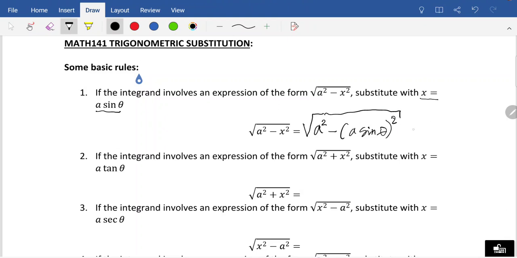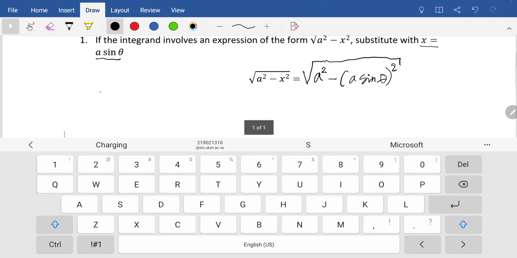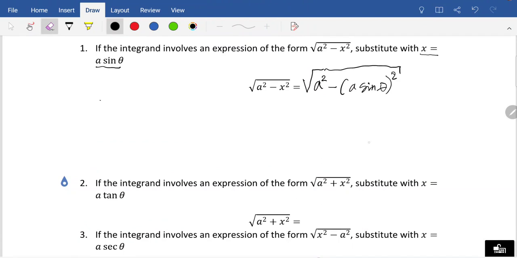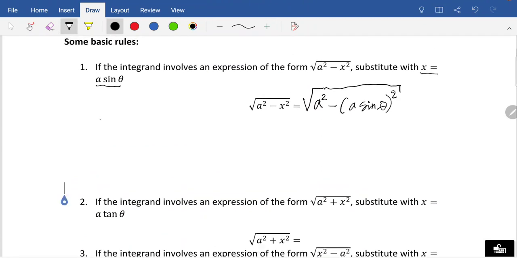Right, so what happens is that this is equal to the square root of a squared minus a sine theta squared, and that just gives us the square root of a squared minus a squared sine squared theta. Again, all under the square root sign.